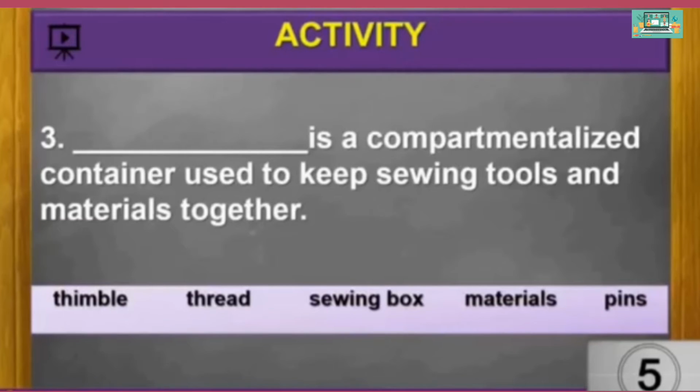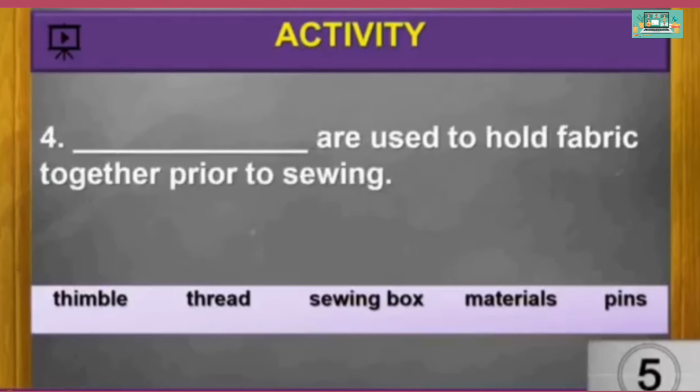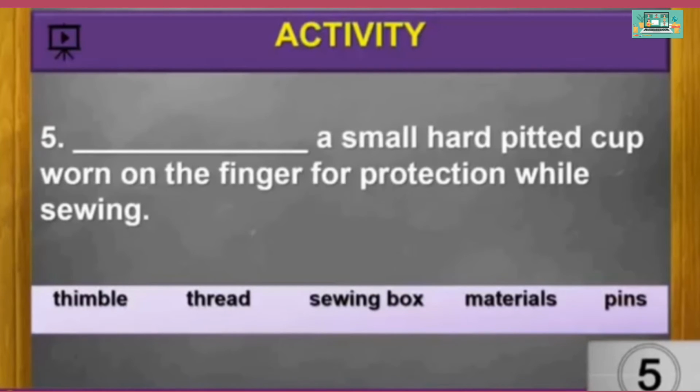Blank is a compartmentalized container used to keep sewing tools and materials together. Number 4. Blank are used to hold fabric together prior to sewing. And number 5. Blank is a small hard-fitted cup worn on the finger for protection while sewing.